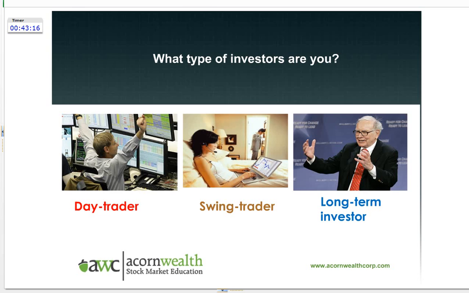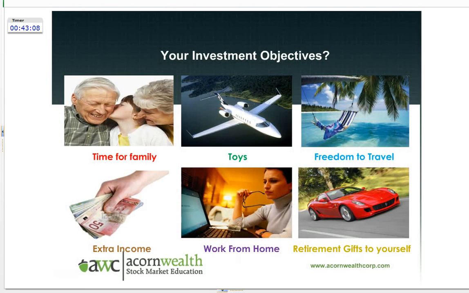And when you're doing swing trades, the idea is to have a methodology of finding positions and strategies that can manage your portfolio for you, which is what we're going to be talking about today. So when you're deciding what kind of strategy to follow, you have to ask yourself what your investment objective is.